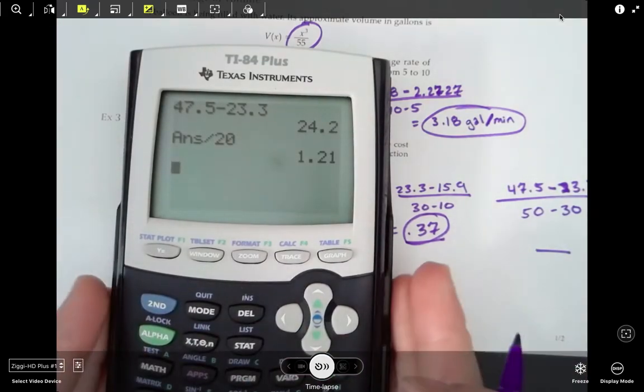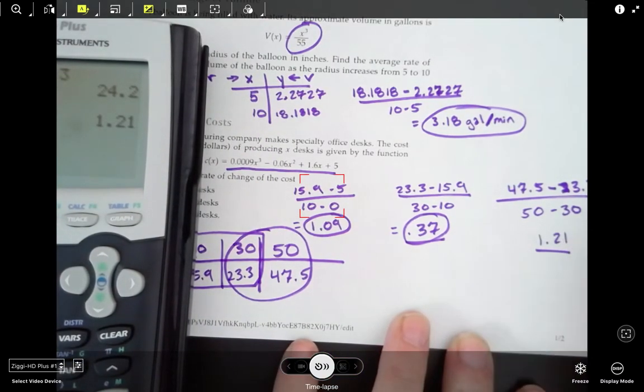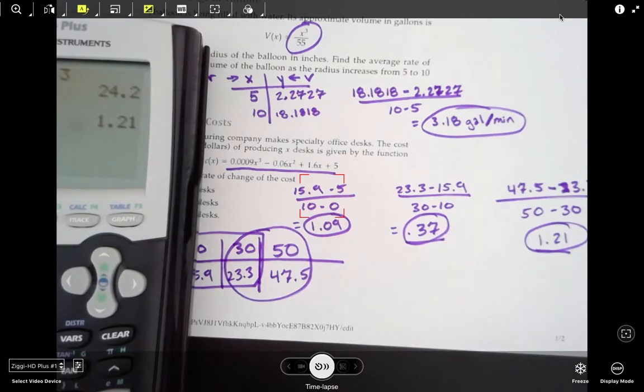That's going to be, oh, did I do that right? Yeah, 1.21. Sure. 23.3 minus 15.9.